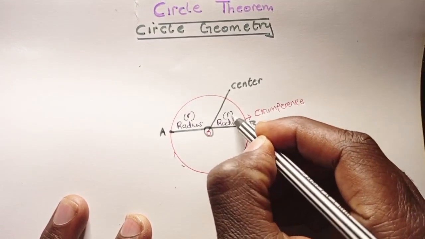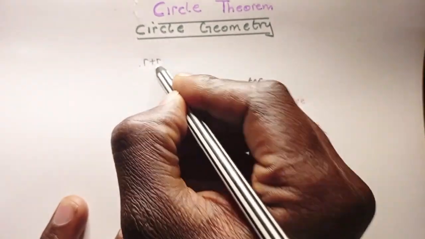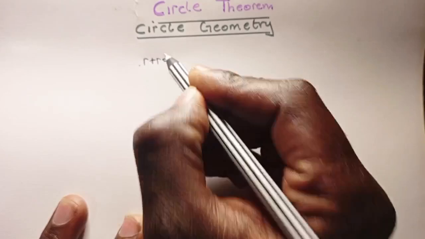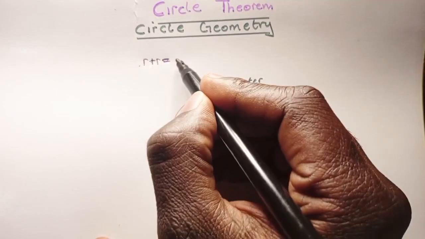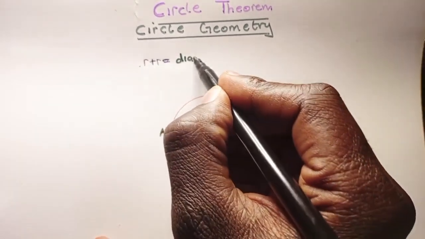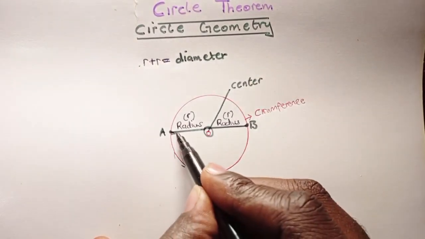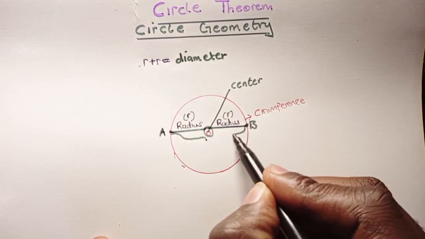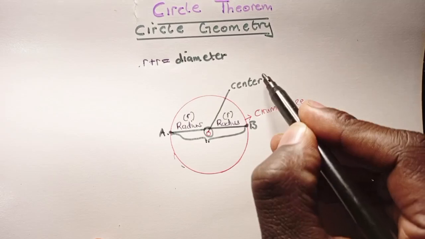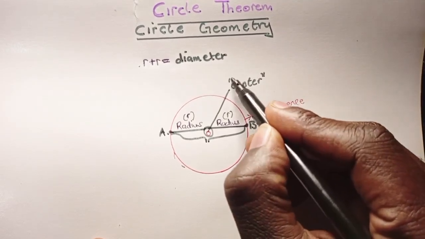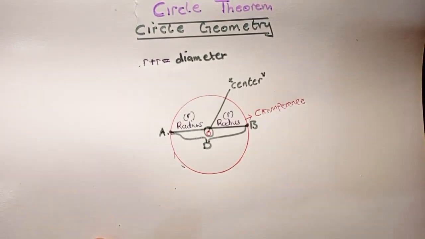When you add radius plus radius, we call it the diameter. So the whole thing from A to B must always pass through the center. This one is called the diameter, D.